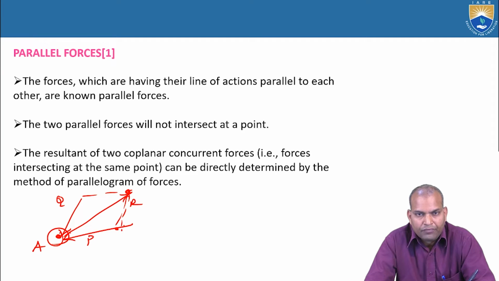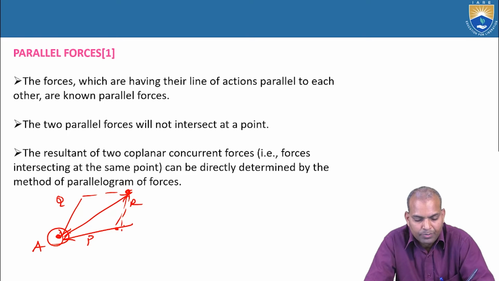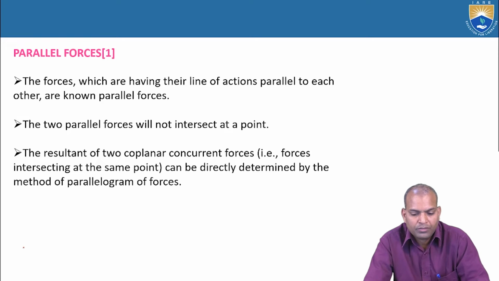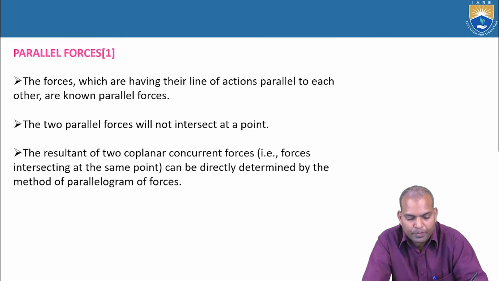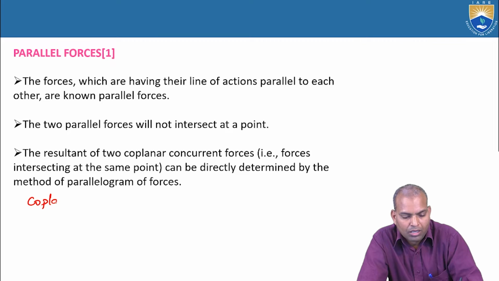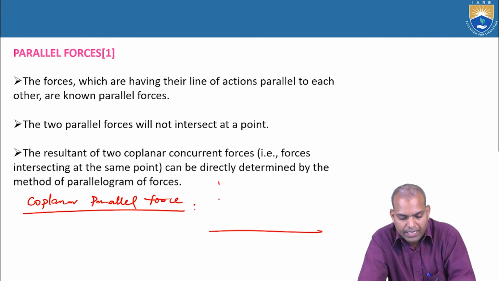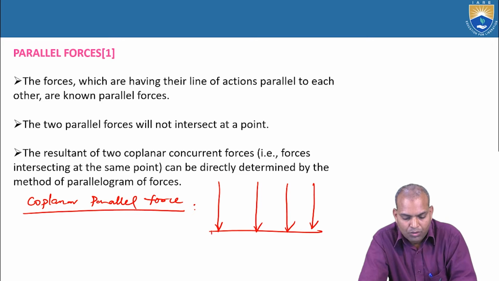Now, we want to find the resultant force of a coplanar parallel force system. What is the meaning of coplanar parallel forces? All the forces act parallel to each other. Then how to find this resultant?